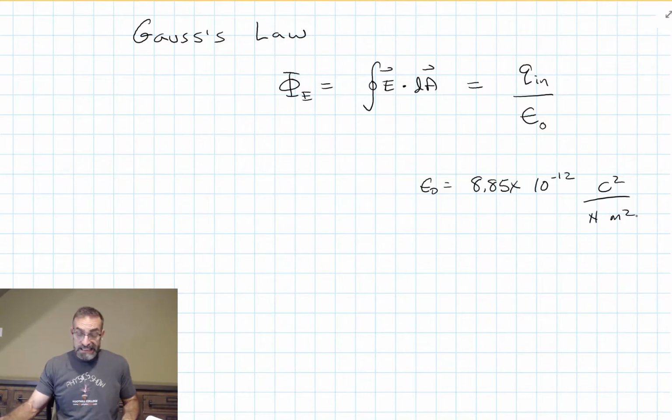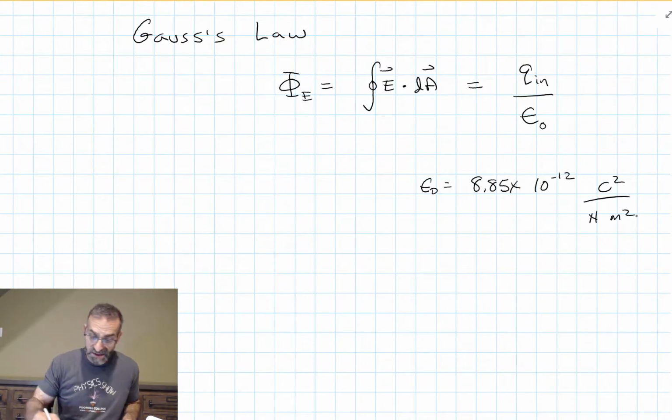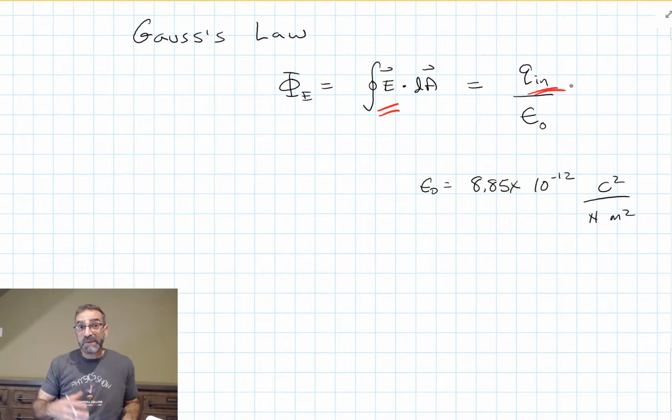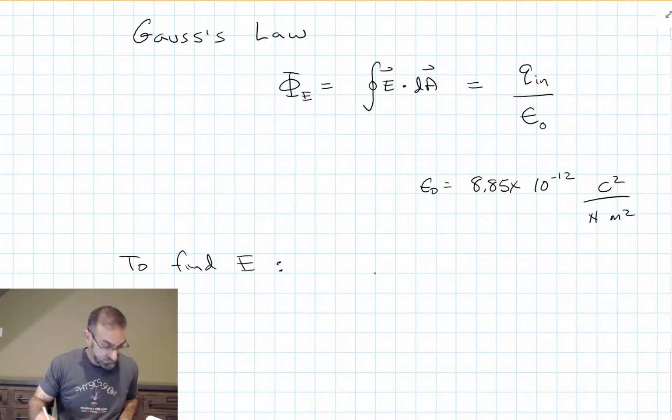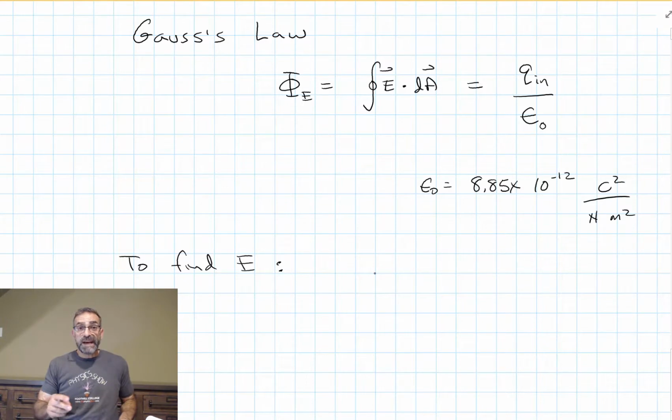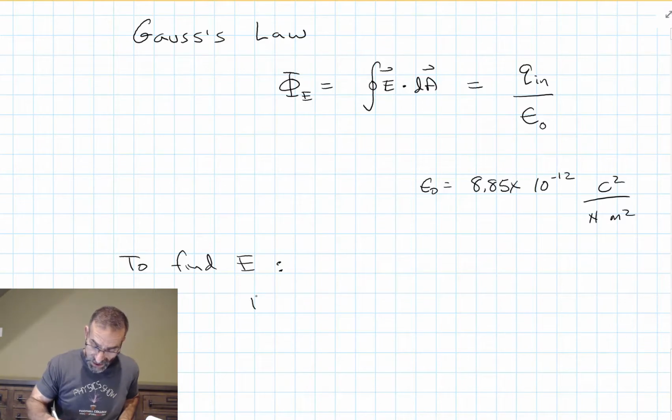Gauss's law links the electric field to the charge inside of our surface. That means that we can use it in certain situations to find the electric field if we know something about the charge distribution. Right now, we have 2 techniques for finding the electric field. One is the technique we learned last week.